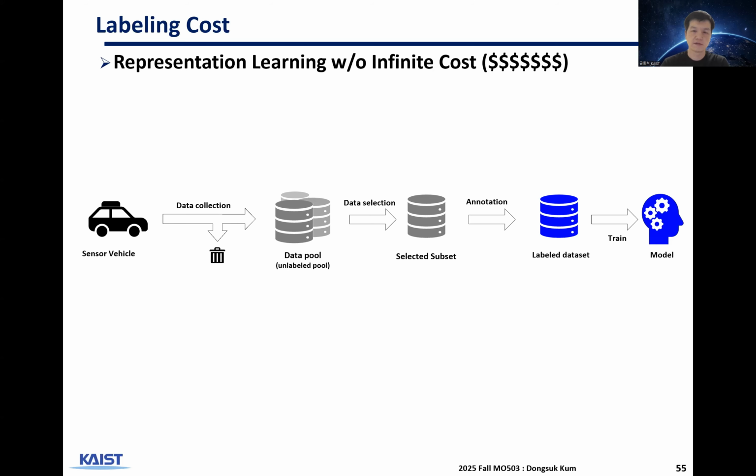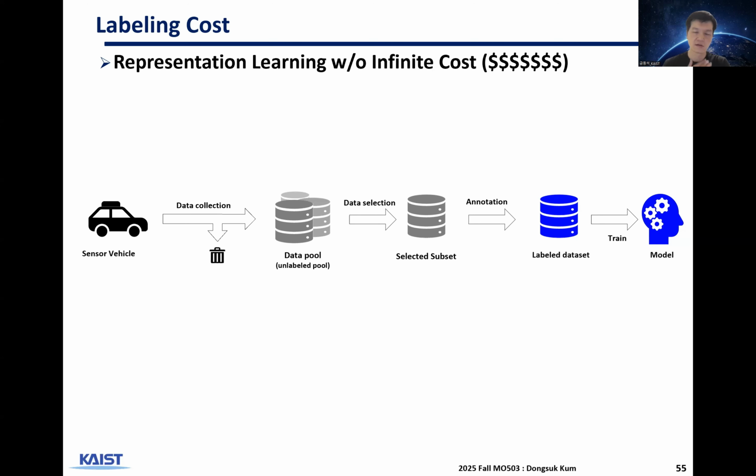And unlike many other domains, to collect data, we have to build this vehicle equipped with sensors. And then you actually have to drive around in the real world and collect data.